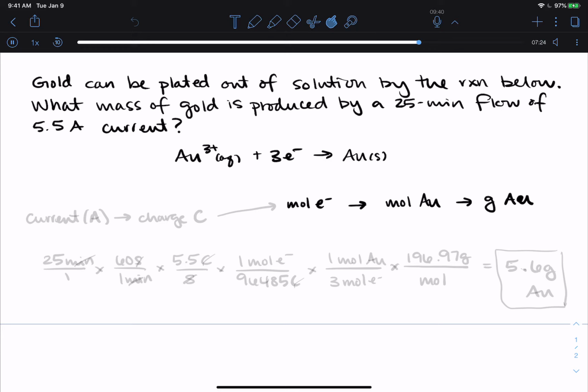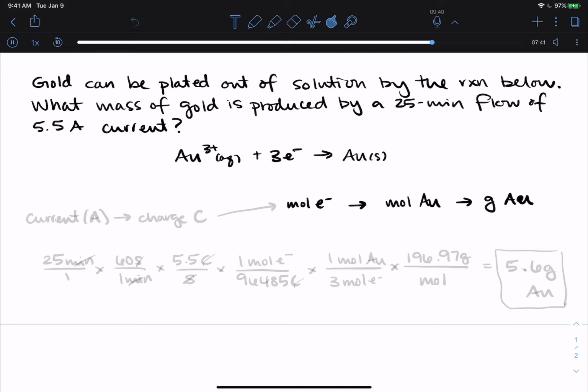So the only way that I can approach getting moles of electrons is with this information about the current. So I have amps and I have time.